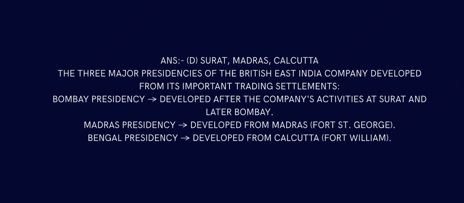Here's the description. The three major presidencies of the British East India Company developed from its important trading settlements. Bombay Presidency developed after the company's activities at Surat and later Bombay. Madras Presidency developed from Madras, that is Fort St. George. And Bengal Presidency developed from Calcutta, that is Fort William.